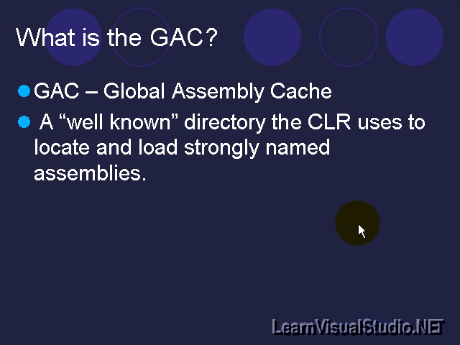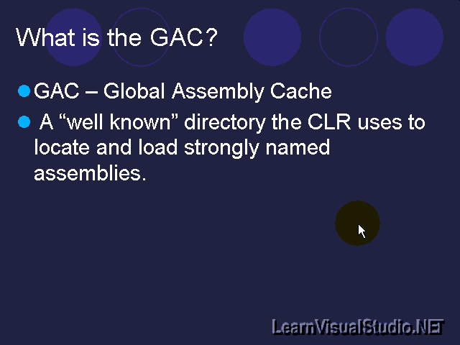So before we go too much further, I need to describe what the global assembly cache is. You'll hear me refer to the global assembly cache as GAC. That's pretty common terminology. But basically, the GAC is just a well-known directory that the CLR can use to locate and load strongly named assemblies. So it's just a directory.